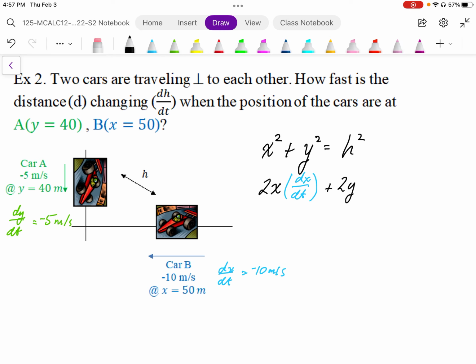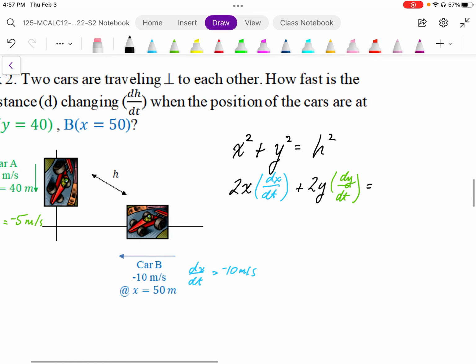But again, y changes with time, so it's a function of time. So I have to apply the chain rule and multiply by dy by dt. Equals. I do the same thing with my h. I'm going to differentiate h squared to 2h. And because h is a function of time, I need to multiply by the chain rule, dh by dt.